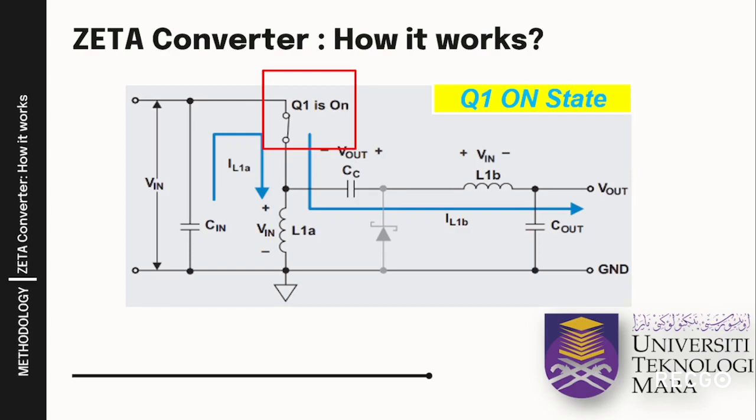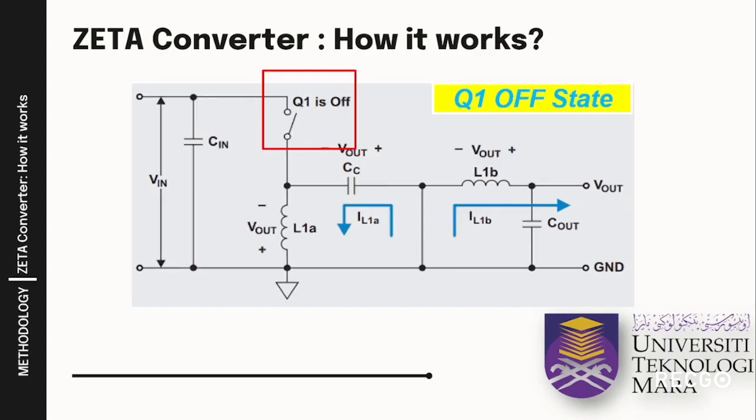It is crucial to investigate the circuit at DC when the switch is in both on and off states. This allows analysis of voltage at several points. When Q1 is on, capacitor CC is in parallel with Cout, so CC is charged to the output voltage, Vout. In steady-state continuous conduction mode, when Q1 is off, the voltage through L1B is equal to Vout since it is parallel with Cout.